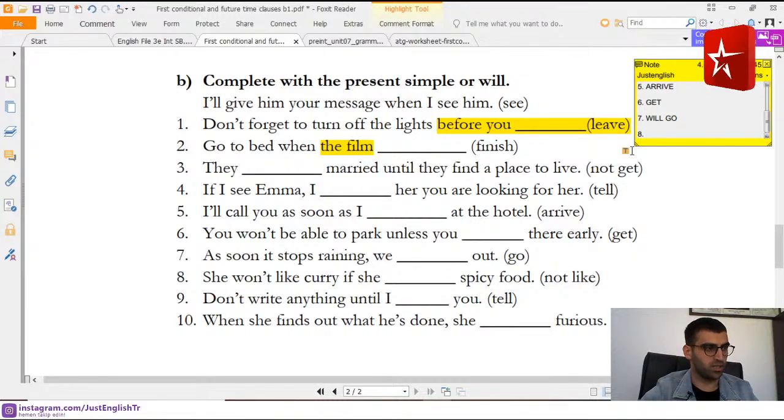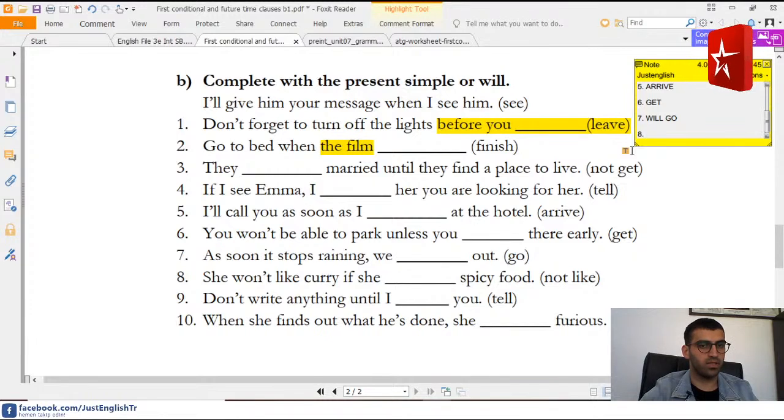All right, guys, let's keep going with number 8. She won't like curry if she blah blah blah spicy food. They say doesn't like, Gülsafa and Tuko. We will see.